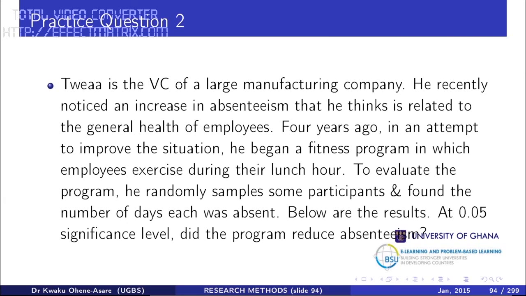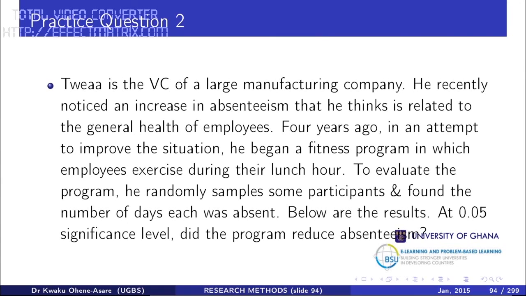That's why they are becoming absent. You see, people are not exercising, so they are becoming absent each week. So 4 years ago, what Chia did was to attempt to improve the situation. So he began a fitness program in which employees will exercise during their lunch hour. There were a lot of ogbolos in the whole company.